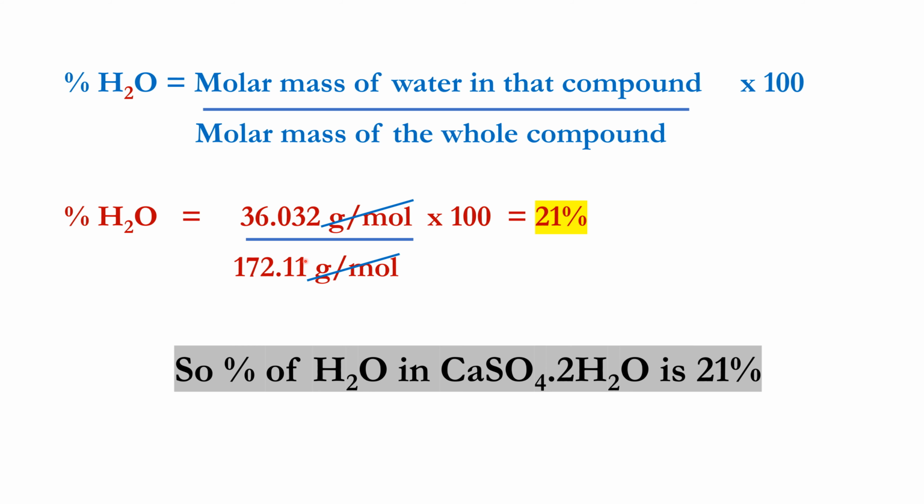If we do the division, we cancel the gram per mole. And if we divide 36.032 by 172.11 and multiply by 100, we will get approximately 21%. So the percentage of water in calcium sulfate dihydrate is 21%.